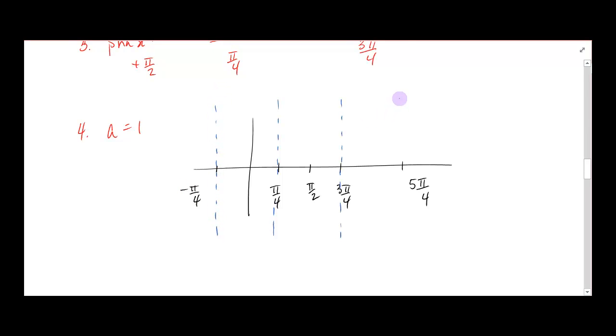At each of those new values that I just put on the graph, I'm going to draw vertical asymptotes. Then I'm going to come back in and calculate the x-intercept for that function. This function, halfway in between 3/4 and 5/4, would just be pi. And then in this section over here, halfway between negative and positive pi over 4 is 0. I'm going to write the numbers 1 and negative 1 on here to represent values on the y-axis.